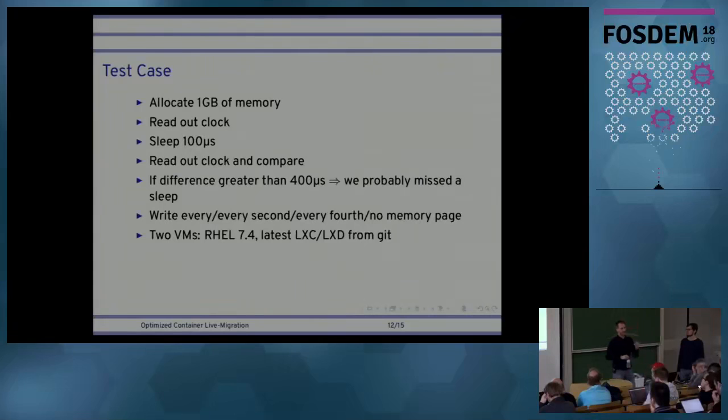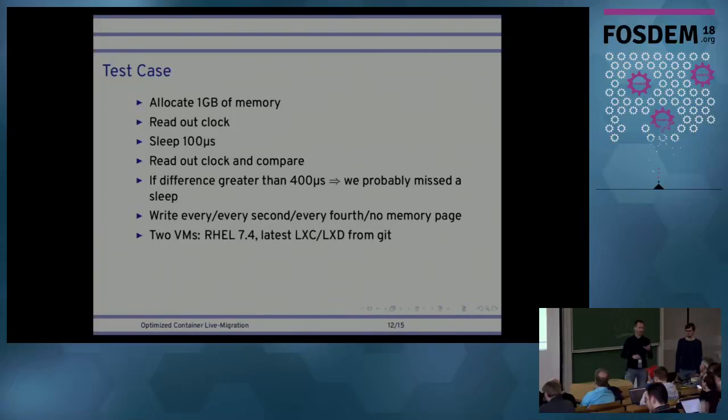In addition to sleeping, we are also writing 1 byte in each memory page of the gigabyte of memory. We either write no memory, so we just do the sleep cycle, or we touch every memory page, every second, or every fourth memory page. My testing was done on 2 VMs, and I have a short demo which I can show.